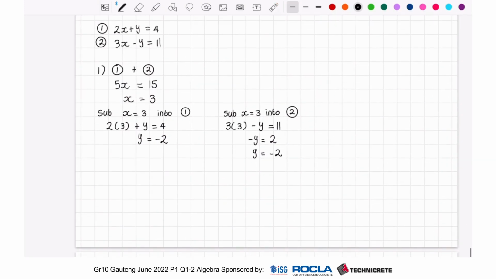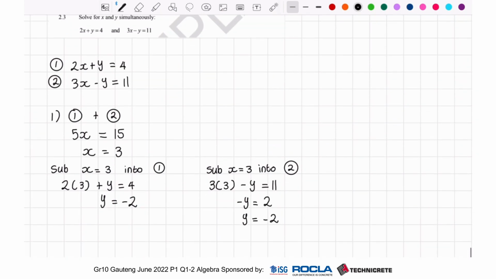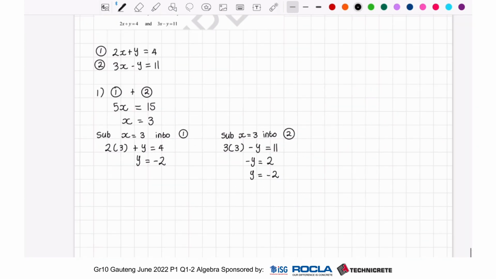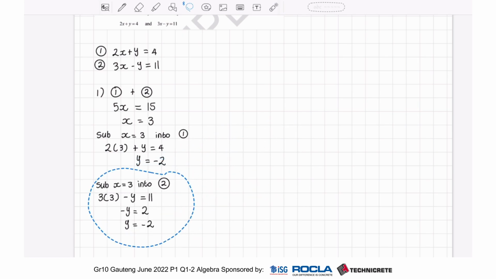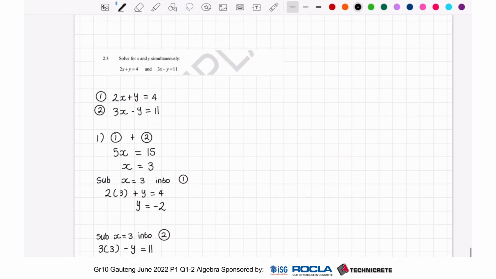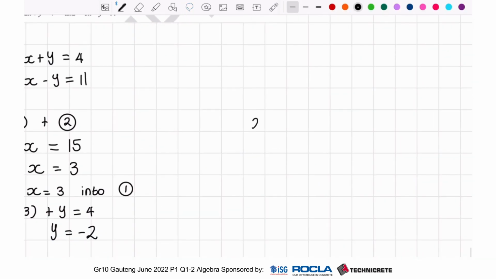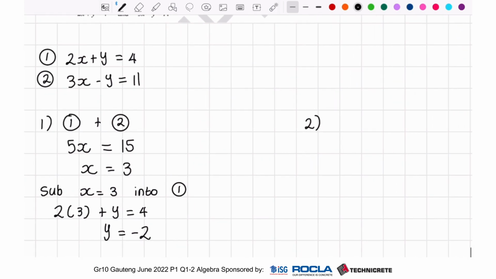Then the second way I can solve for them simultaneously is that I'm going to write y as an expression of x. So I choose one equation. Let's say I choose equation 1.